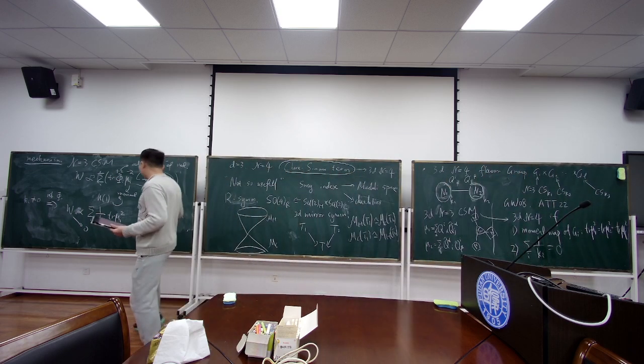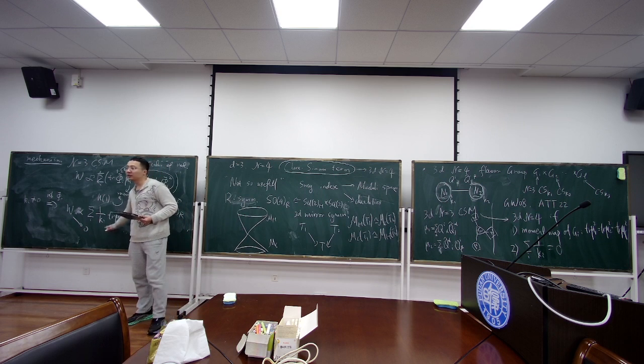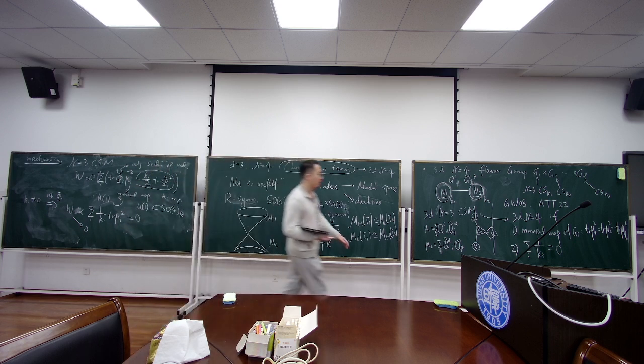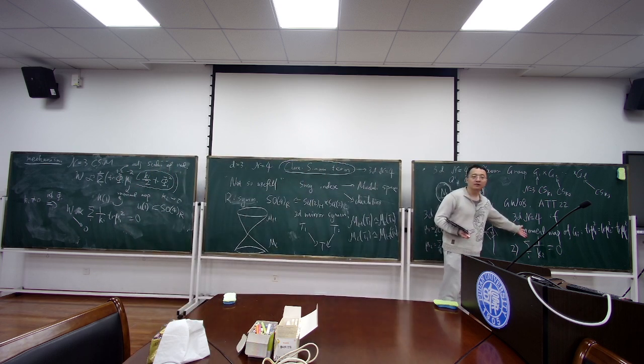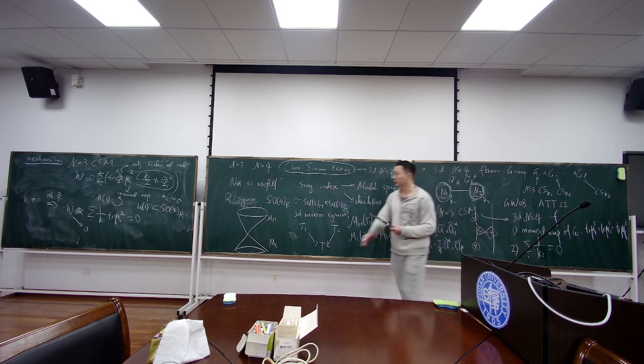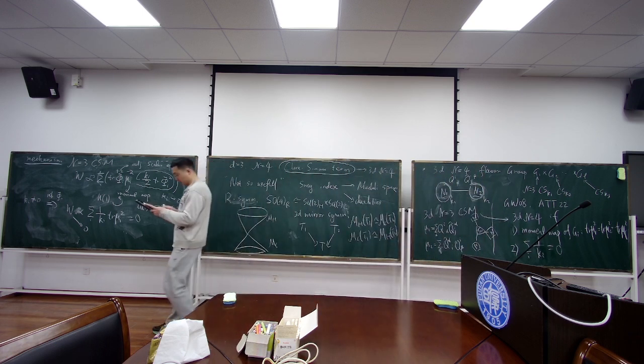So as you can see, the simplest solution for this thing equal to 0 is given by this condition. That's why once we have this balancing condition, the superpotential becomes 0.